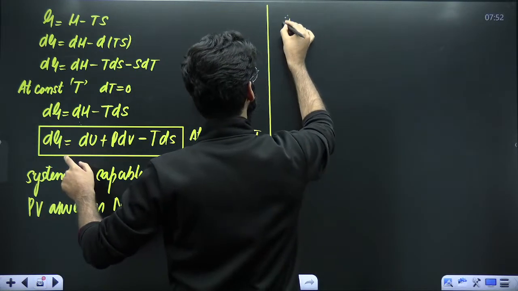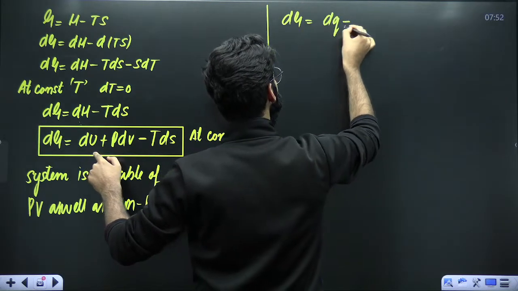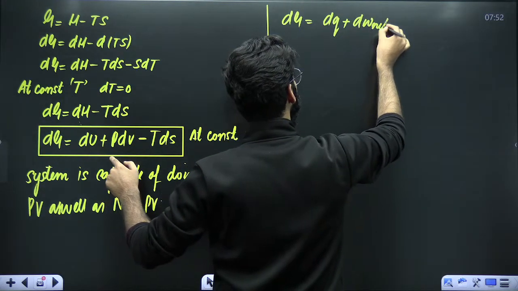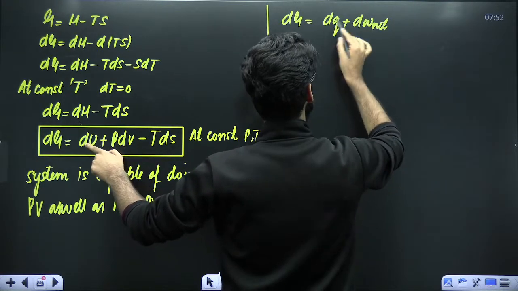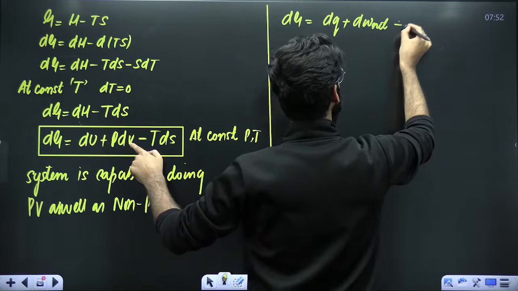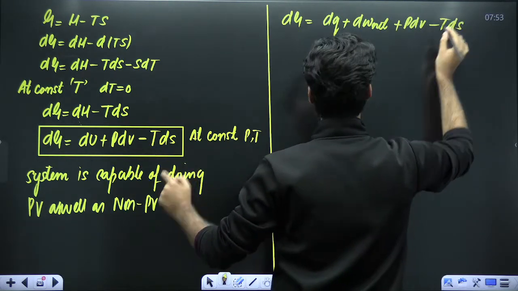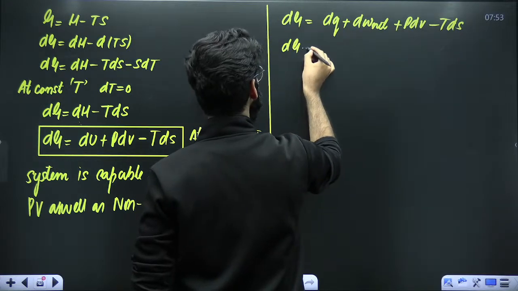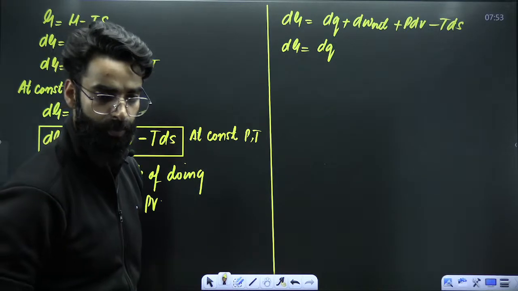We'll write dG is equal to dU, and dU is dq plus dw net. Then you have got PdV as well, and then you have got TdS as well. I told you the system is capable of performing PV work as well as non-PV work.